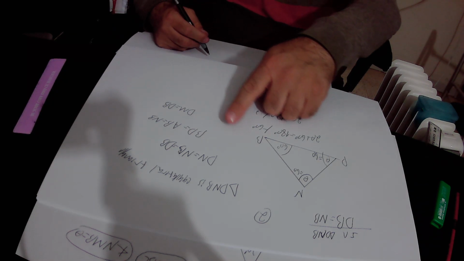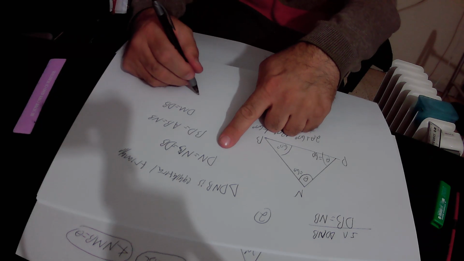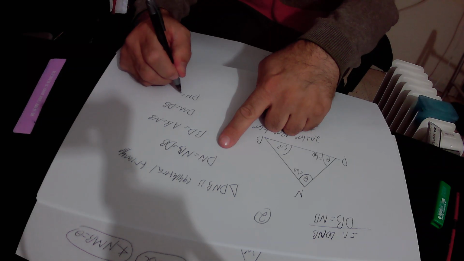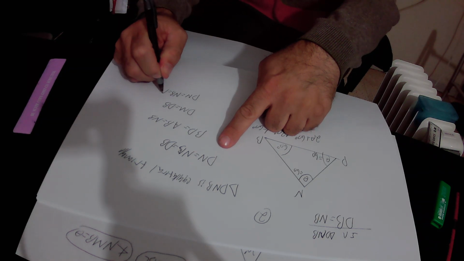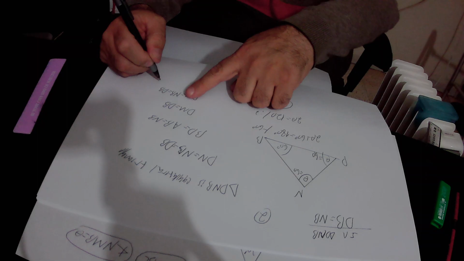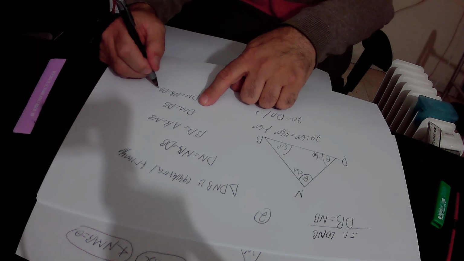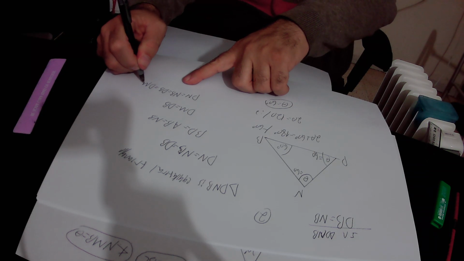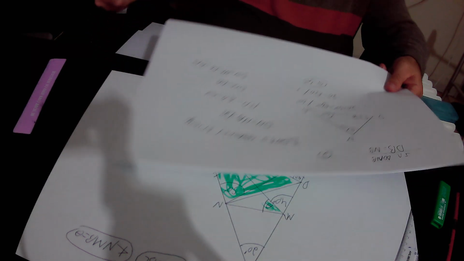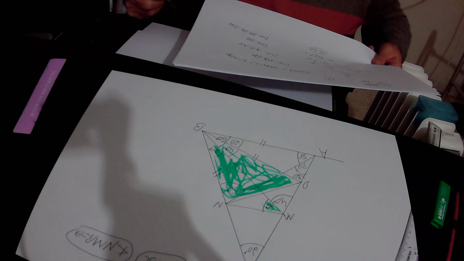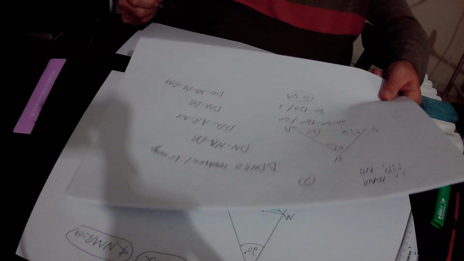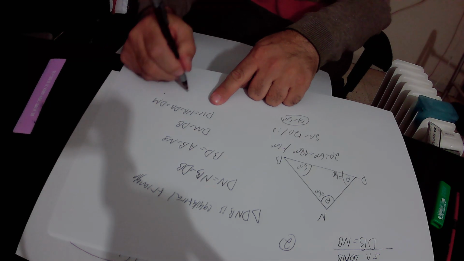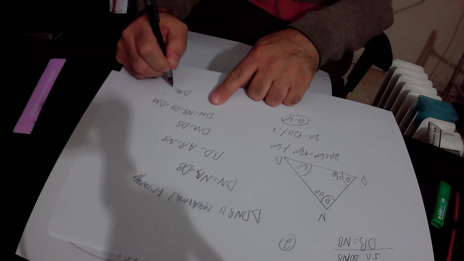So DM equals DB, and we know that DN equals NB equals DB, but DB according to this equation is equal to DM. So we can write here that DB equals DM, and from this equation we derive that DM equals DN. Again, DM equals DN.